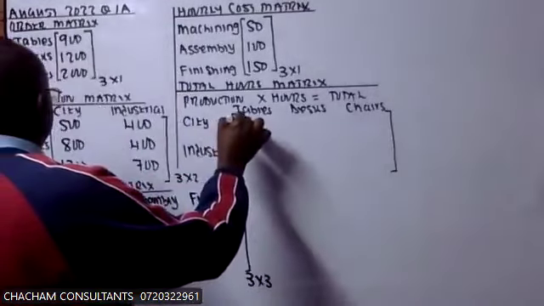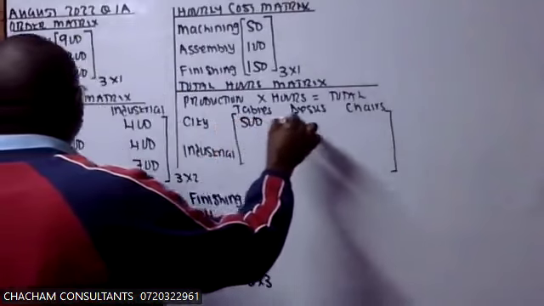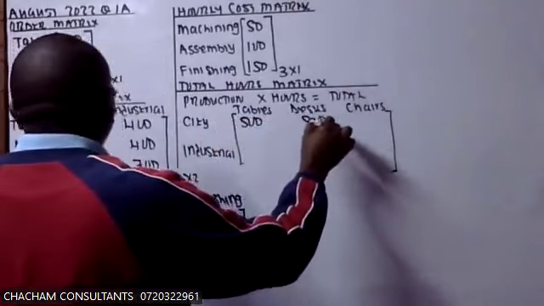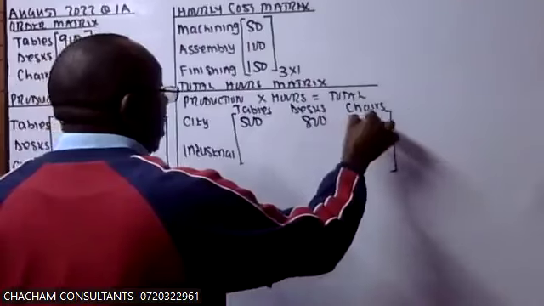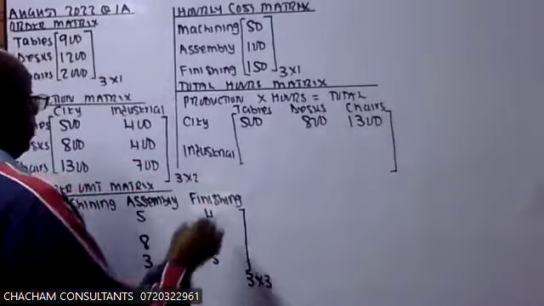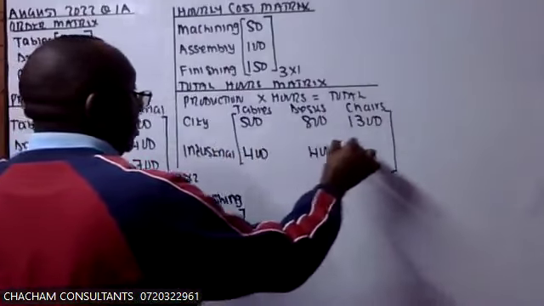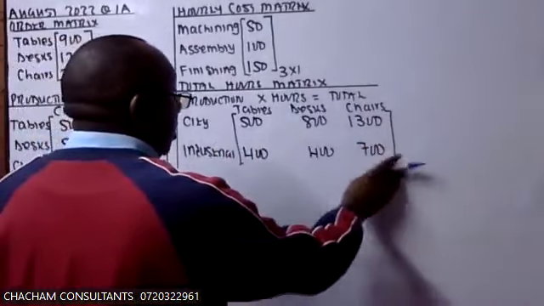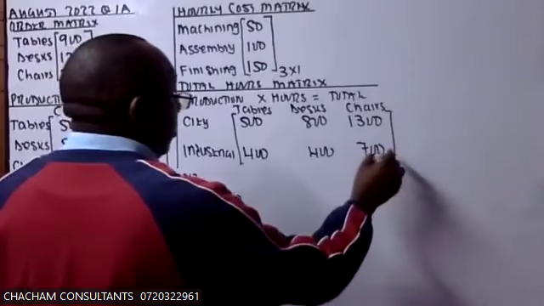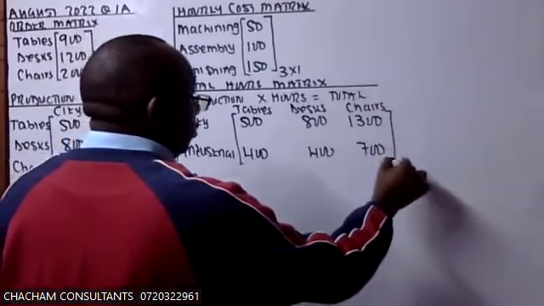So for the city, we have 500, we have 800, and we have 1300. Industrial 400, 400, and 700. When I transpose, so that now it becomes a 2 by 3.